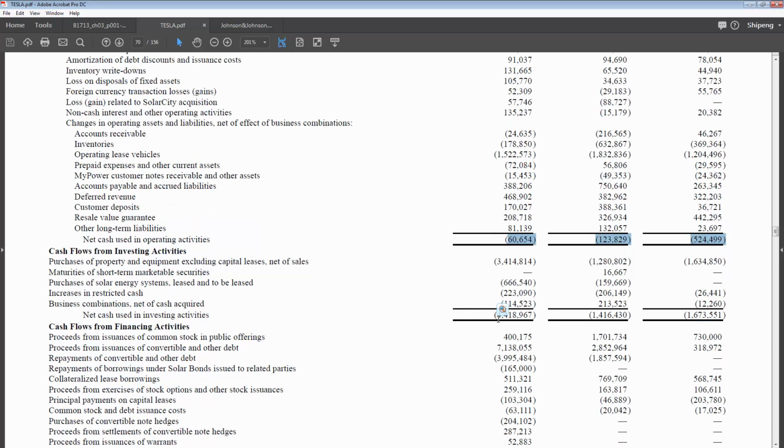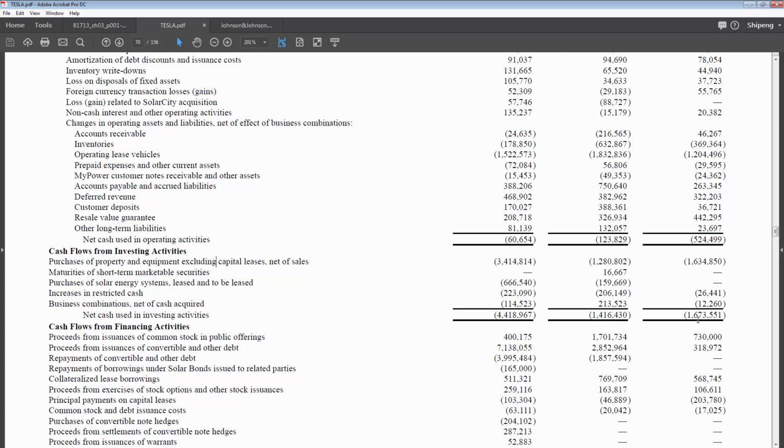And we also find Tesla invests a lot. The majority of its cash is spent on purchase of property and equipment. These are all cash outflows. The disbursement is more than the receipts.